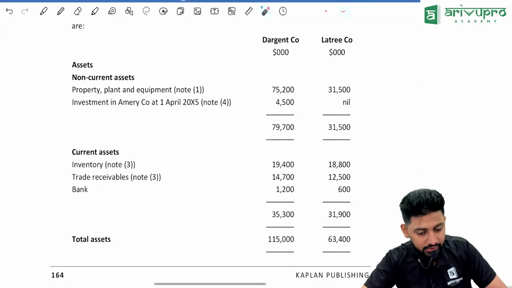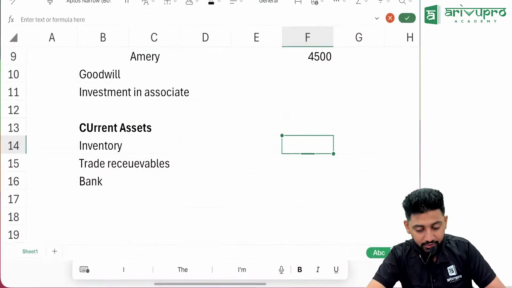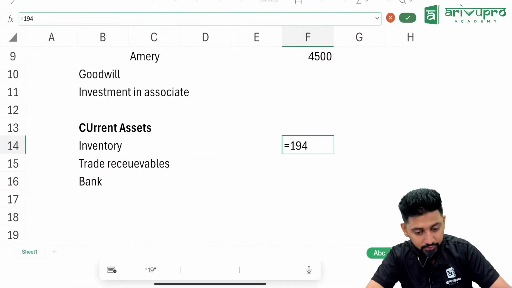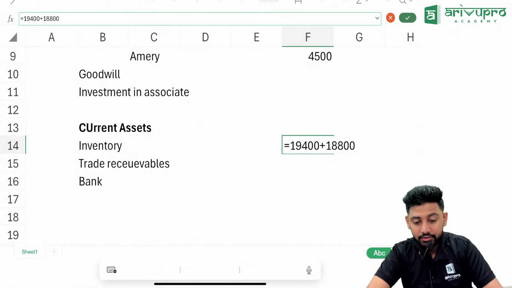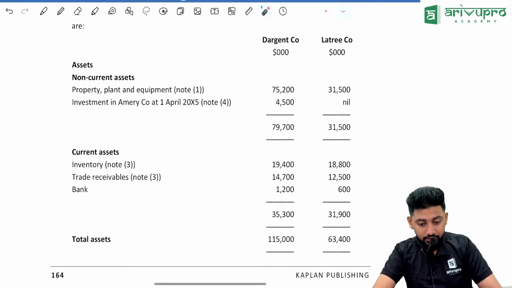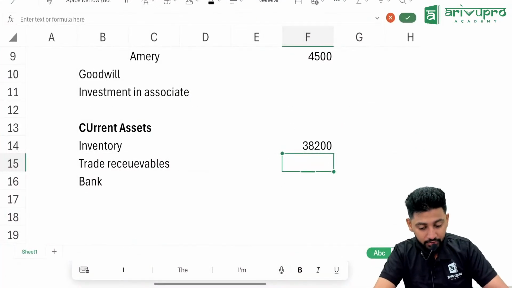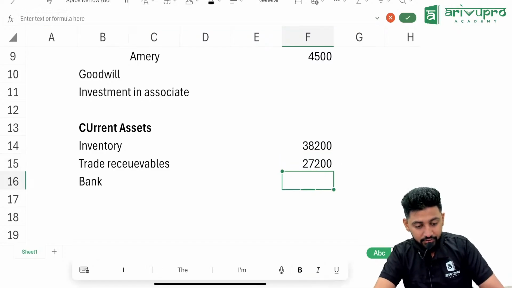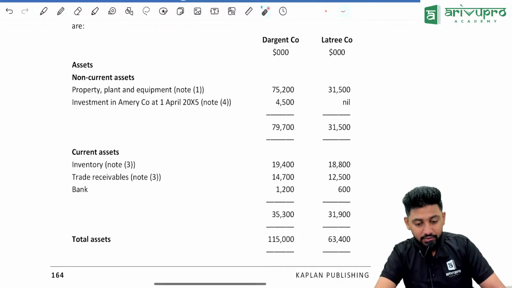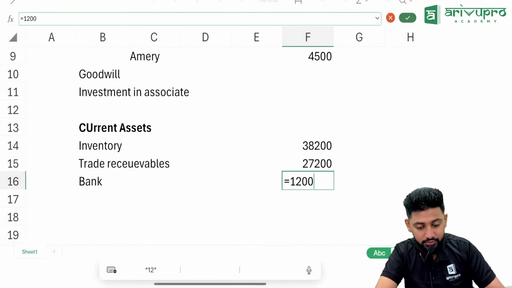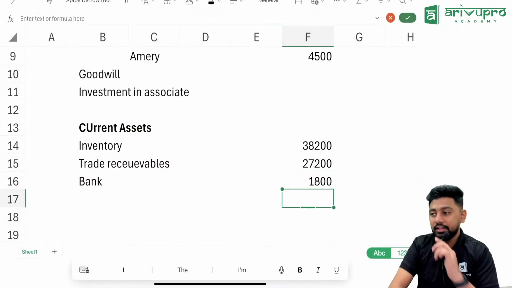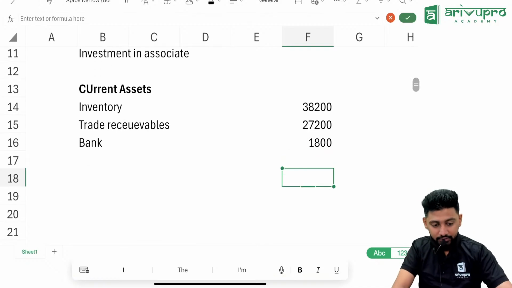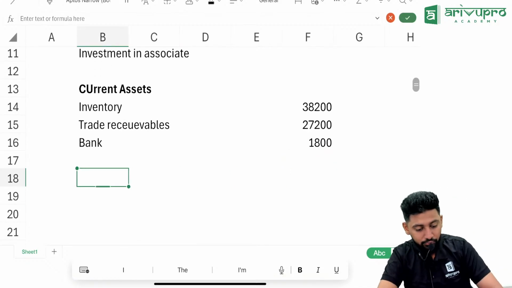My inventory is 19,400 plus 18,800, correct? And then 14,700 plus 12,500. And then I have bank 1,200 plus 600. Okay, that gives me my total current assets. Done and dusted.